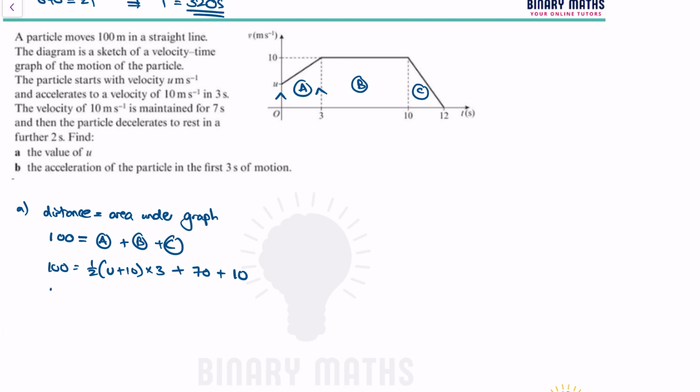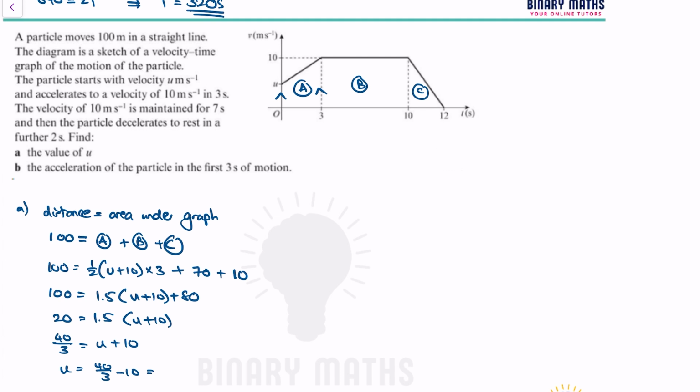Which means 100 is equal to 1.5 times u plus 10, plus 80, which means 20 is equal to 1.5 times u plus 10. 20 divided by 1.5 is the same thing as 40 over 3, which is equal to u plus 10. So u is equal to 40 over 3 take away 10, which is equal to 10 over 3, which implies u is equal to 10 over 3 meters per second, which is 3.3 recurring meters per second.